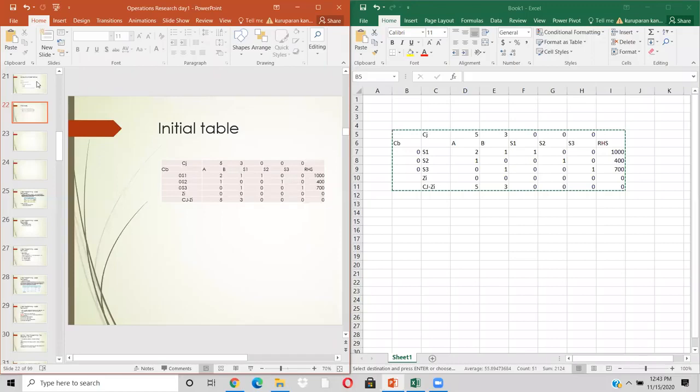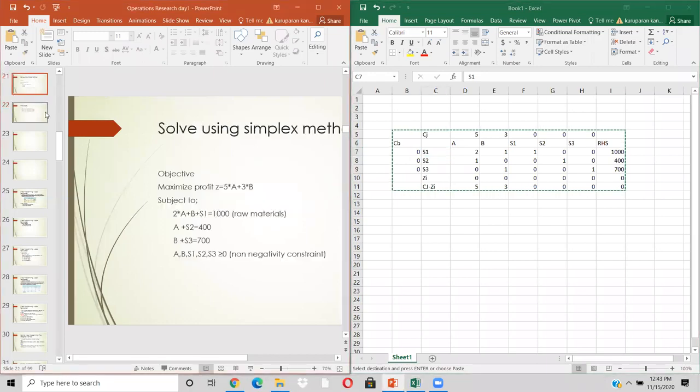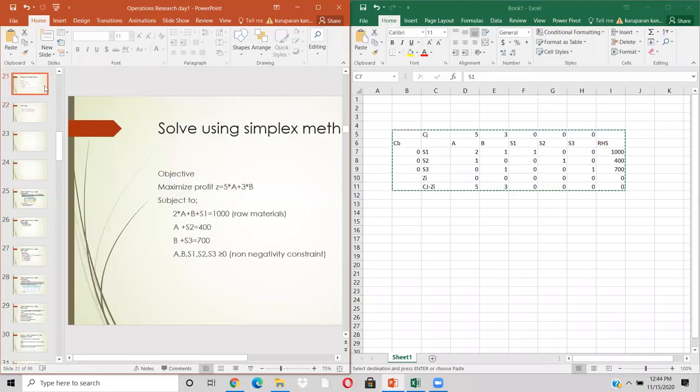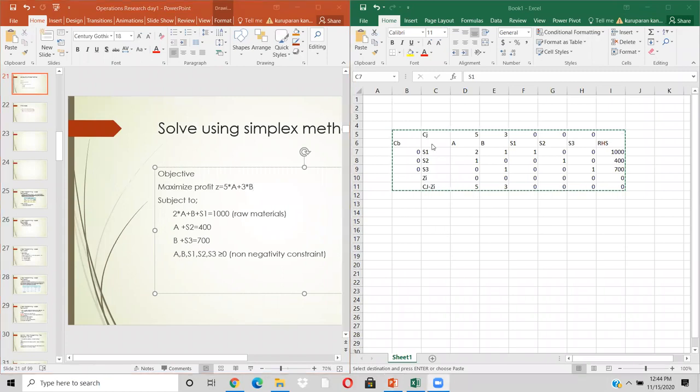Go to the objective function and see what the coefficient for S1 is. For S1, what is the coefficient here?